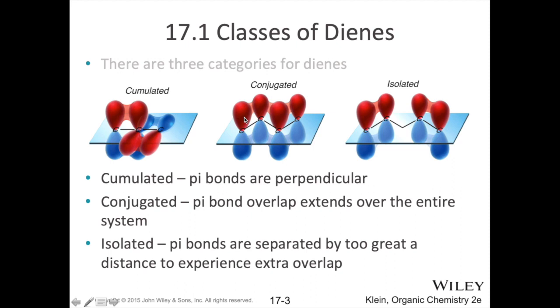Now look at the conjugated system. Because all of your carbons are sp2 hybridized and all have that unhybridized p orbital, notice how they line up like this. When we draw this as a regular Lewis structure, we don't show any connection between these two p orbitals.